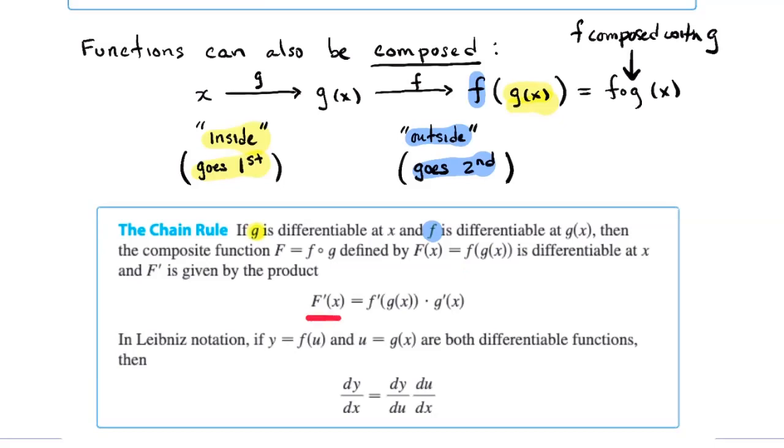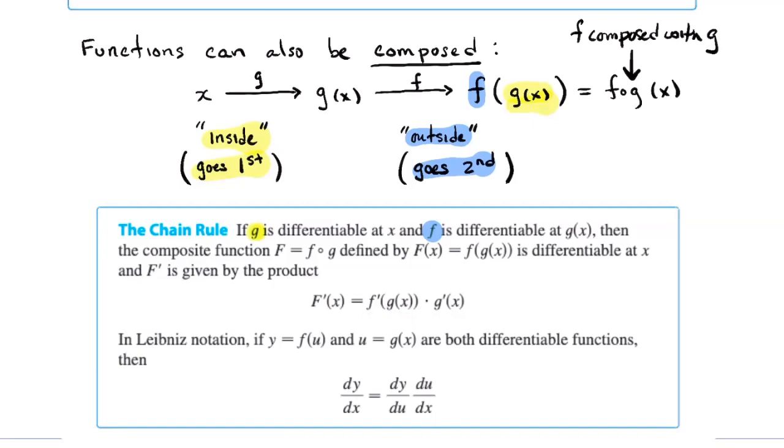The composition the author is denoting by capital F. And the way the chain rule works is you take the derivative of little f, the outside function, evaluate it at the inside, and then you multiply that by the derivative of the inside. All right. So it's kind of a complicated rule. You have to take the derivative of both functions, but you assemble those derivatives like this.